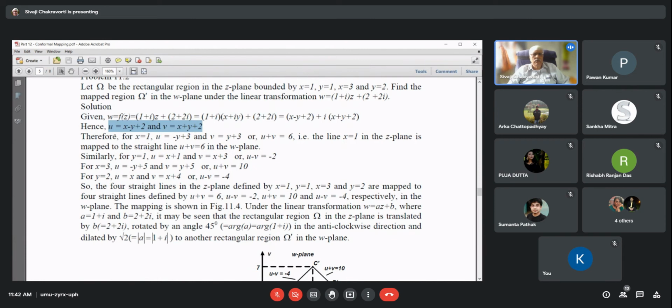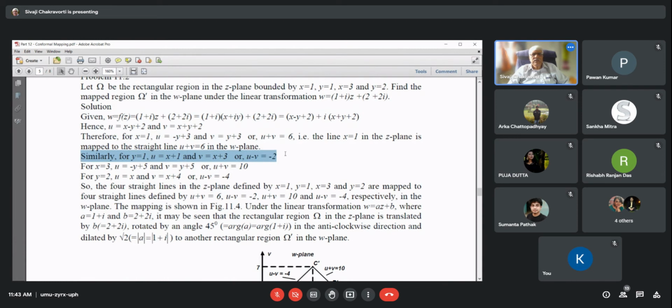For x equal to 1, if you put it here, you will get an expression for u and v. From there I find the equation u plus v is equal to 6. Now u plus v equal to 6 is definitely a straight line on the w plane. That means x equal to 1, which is a straight line on the z plane, is mapped to a different straight line on the w plane, which is u plus v equal to 6.